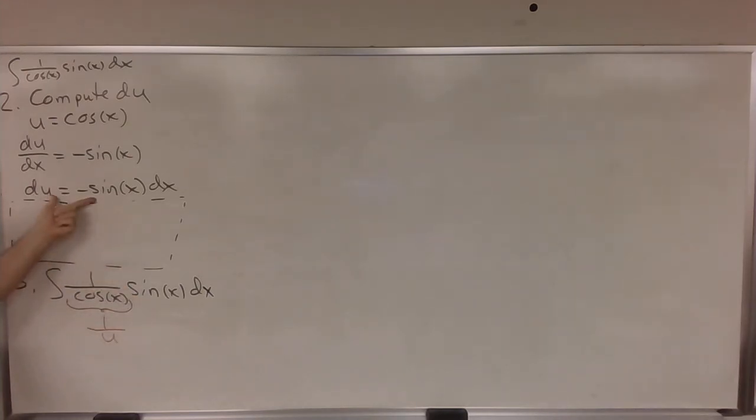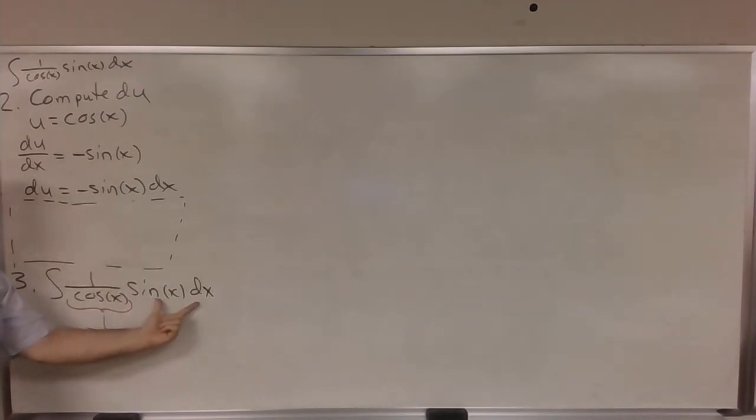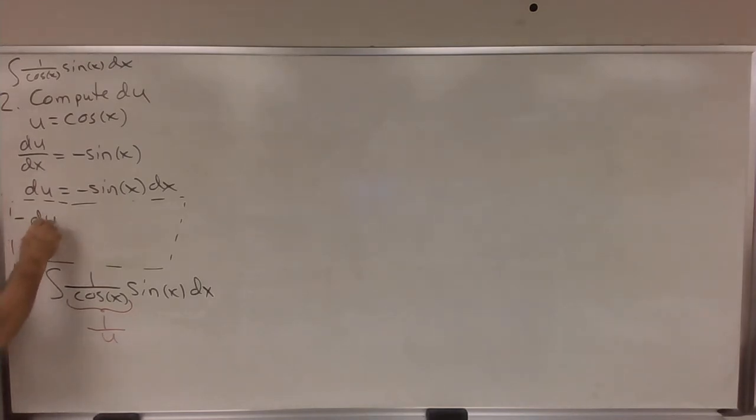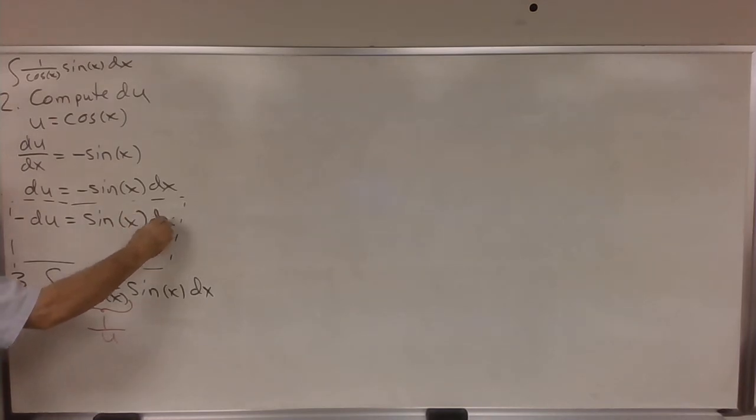I see negative sine of x dx right here. Now, what would we have to do to both sides of this equation to make the right-hand side look like this, sine of x dx? And the answer, I guess, is either multiply or divide both sides by negative 1. And we find out that sine of x dx is negative du.